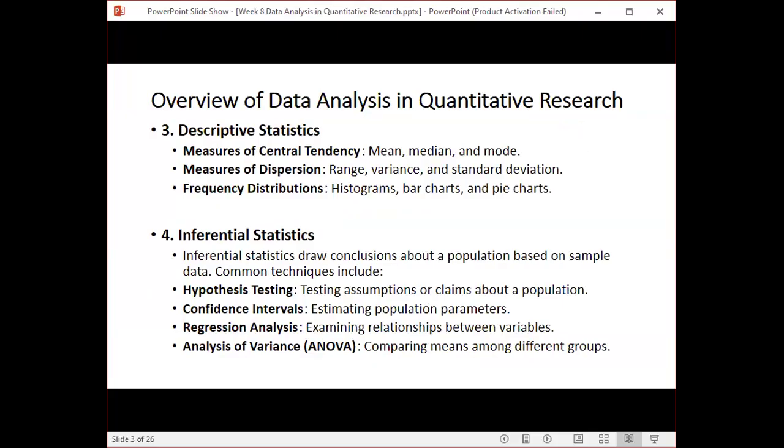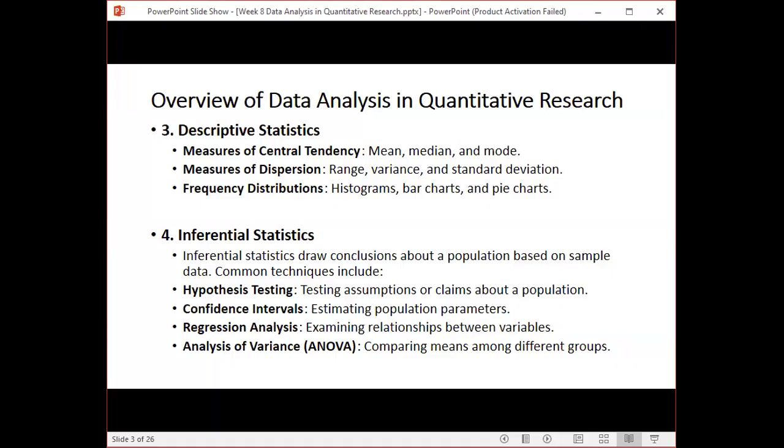You are doing measures of dispersion: range, variance, standard deviation, frequency distributions. You are drawing charts, pie charts, histograms, and so on. All of these are describing your data. That could be your analysis, and as I said, it could be a descriptive research design that you chose to use, and you'll be fine by describing whatever is there.